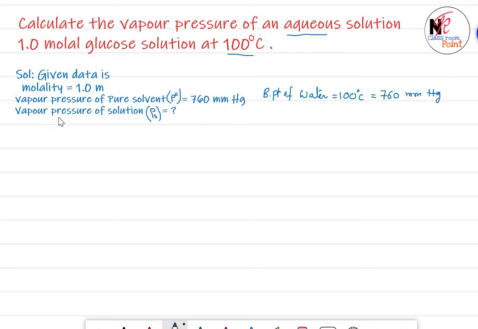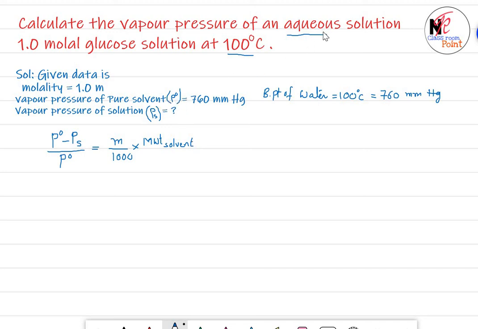Now our duty is to calculate the vapor pressure of a solution, that is glucose solution. We know that the relation between the molality and the relative lowering of vapor pressure formula is (P0 minus Ps) divided by P0 equals molality divided by 1000 into molecular mass of solvent.